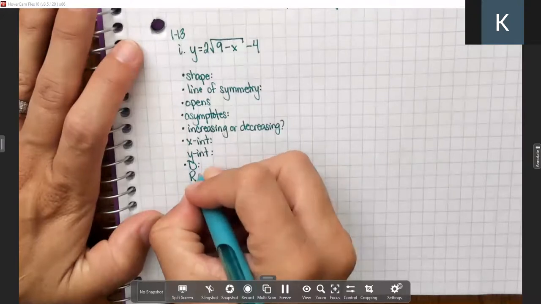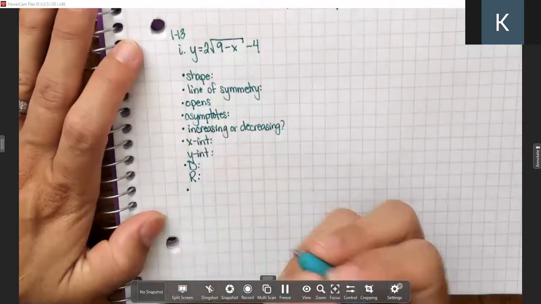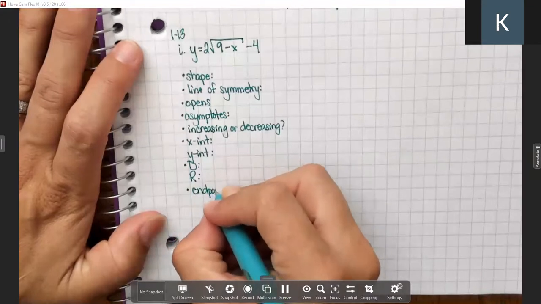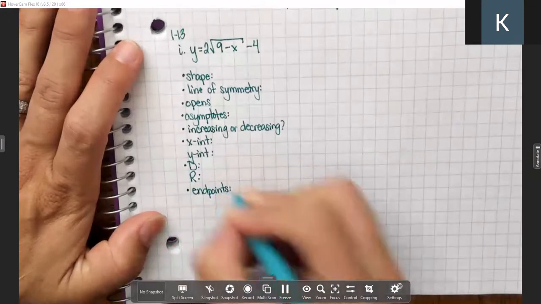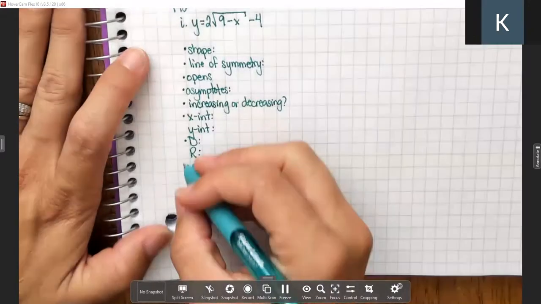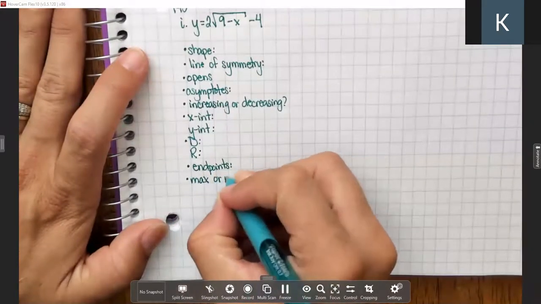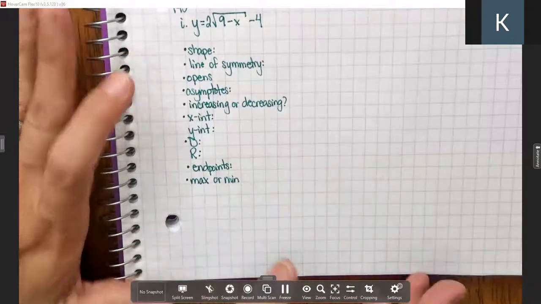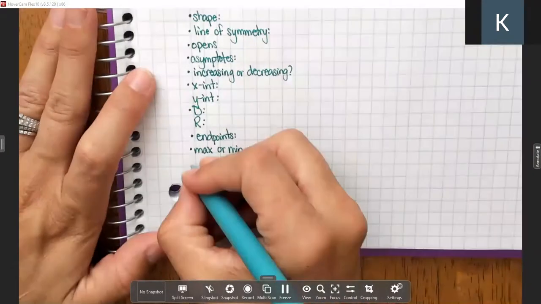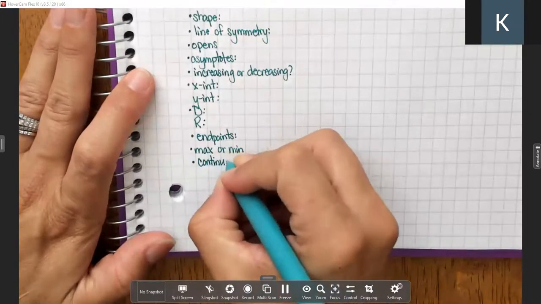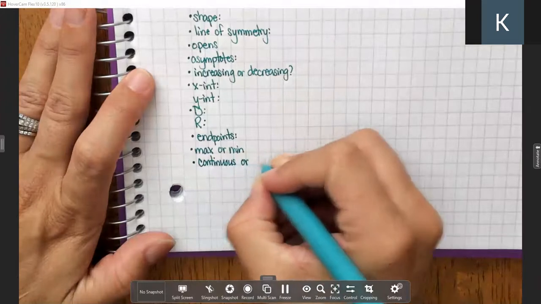Domain and range. Endpoints. Maximum or minimum points. That's going to be if there's a highest or a lowest point. Continuous or discrete.